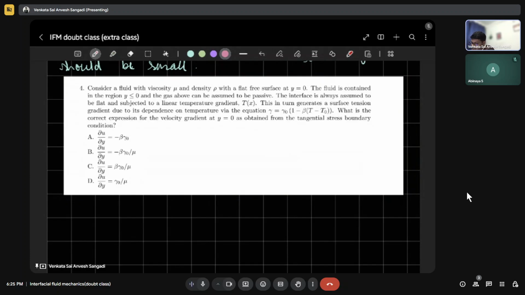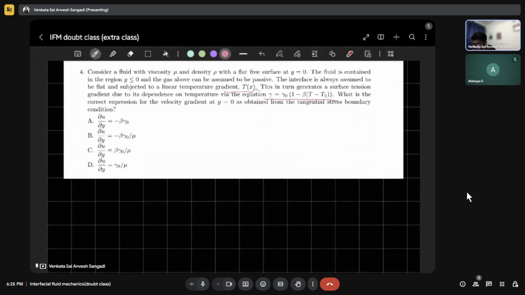The interface is always assumed to be flat and subjected to a linear temperature gradient T of x. This in turn generates a surface tension gradient due to its dependence on temperature via the equation gamma equals gamma naught times 1 minus beta times T minus T naught. What is the correct expression for the velocity gradient at y equal to 0 as obtained from the tangential stress balance?